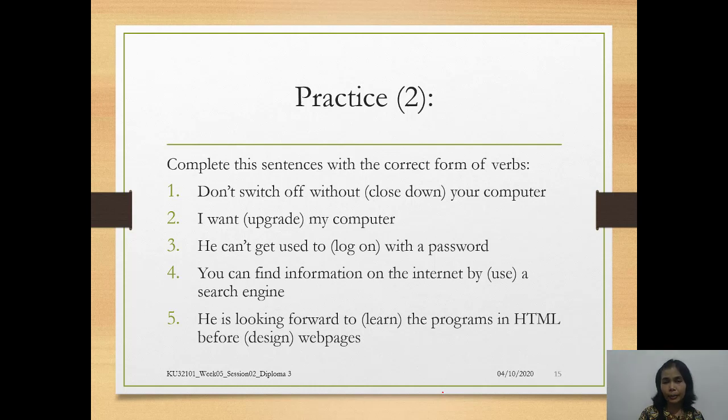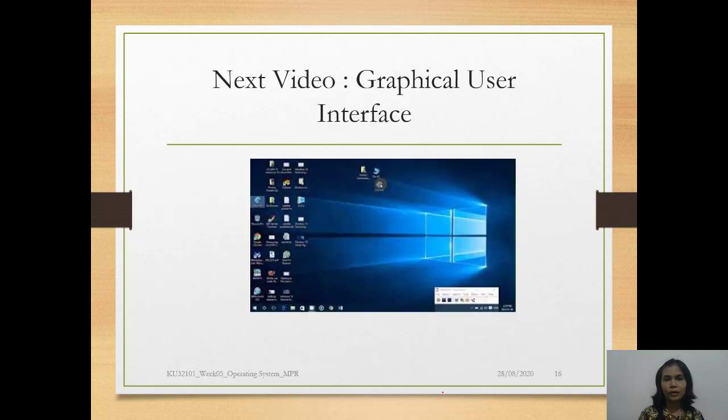Remember, there is exception that I have shown you in the notes, so please be careful when changing the verb into to infinitive or the verb ing. Also pay attention to the preposition that we were just discussing about. So that practice will bring us to the end of this video.